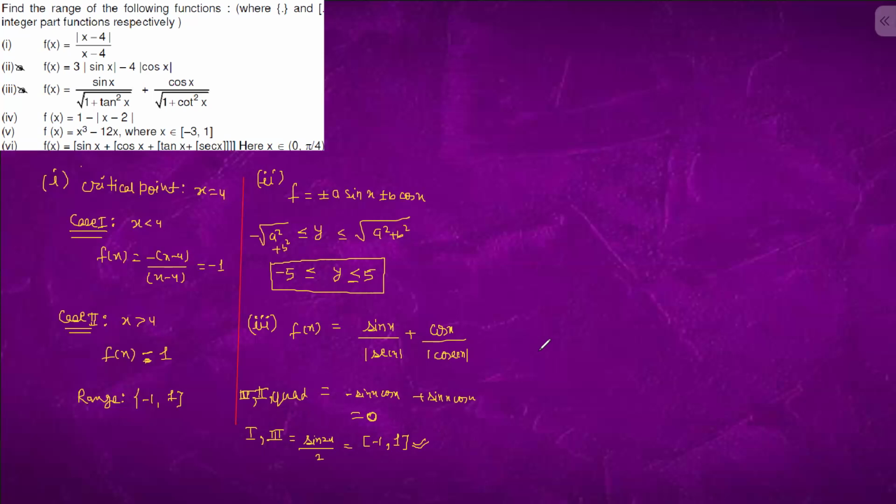If we want to cross verify, we'll see that tan x is between minus infinity to infinity. So sec square x is from 1 to infinity. That means 1 over it is 0 to 1. So sin x will be multiplied to 0 to 1, it will become minus 1 to 1.